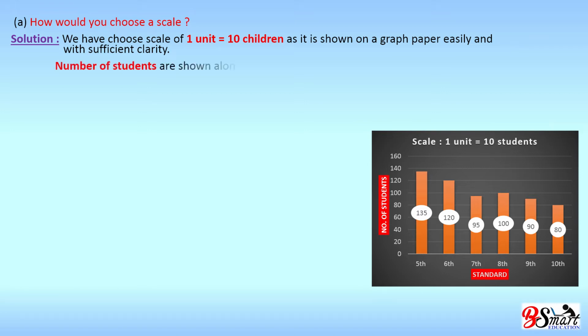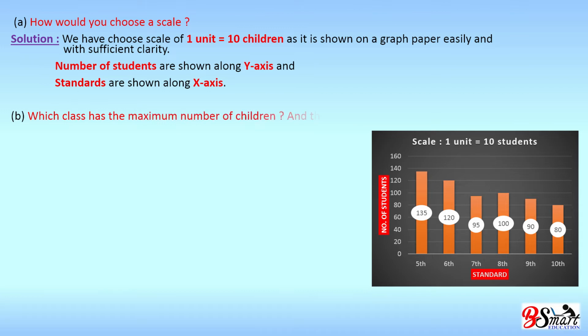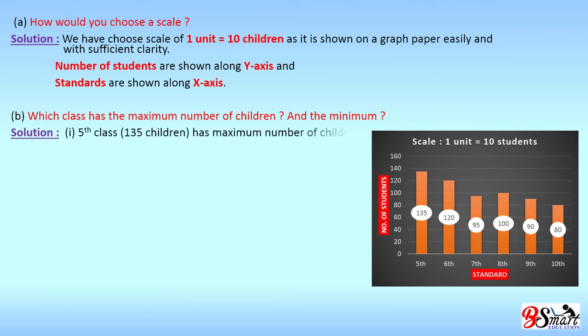Number of students are shown along y-axis and standards are shown along x-axis. Next question: which class has the maximum number of children and the minimum? Answer: 5th class, 135 children, has maximum number of children and 10th class, 80 children, has minimum number of children.